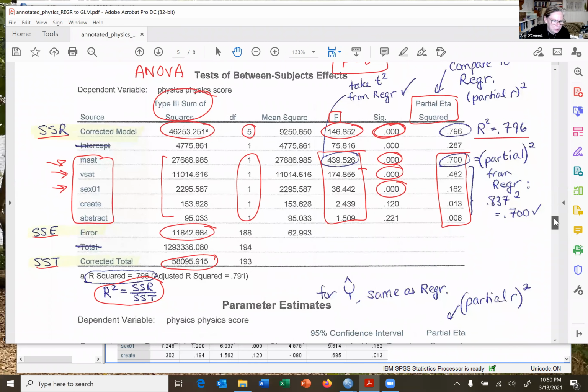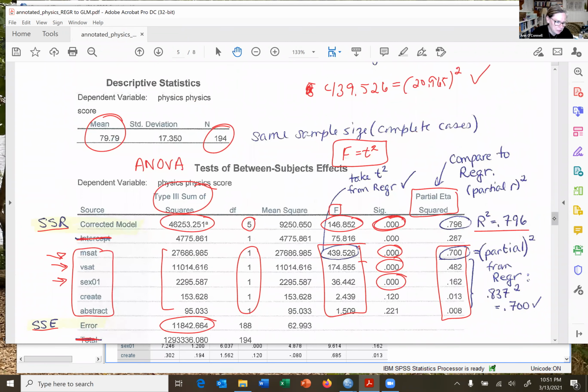The other thing I'd like to point out in this ANOVA table is that we don't interpret the intercept sums of squares, and we don't interpret what's called the total sums of squares. So it's really important that you remember that it's the corrected total that we want to keep track of for those two entries. Let me see where I can write that down. So the total, what GLM is calling total, is just the sum of all the observations squared.